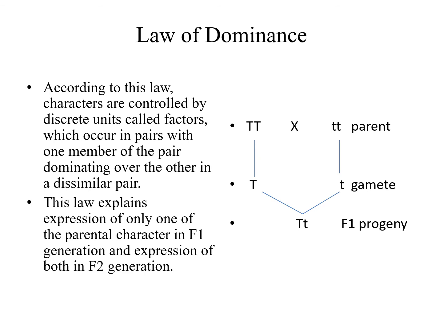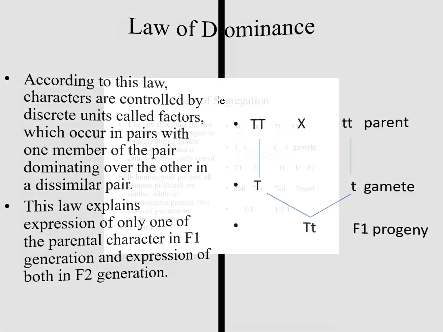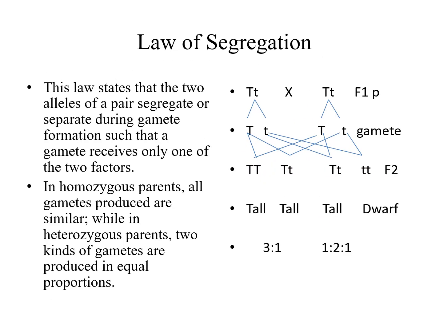Then in the F2 generation, if it undergoes self-pollination, we can see the law of segregation. Law of segregation means separation. In the F1 progeny, the heterozygous tall individual is self-pollinated.